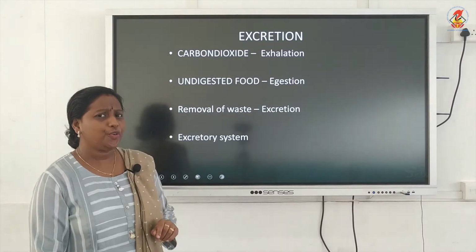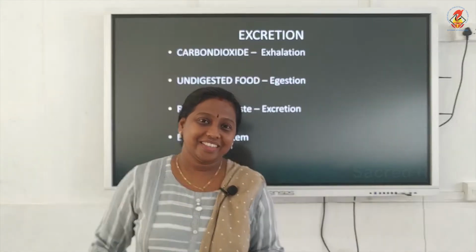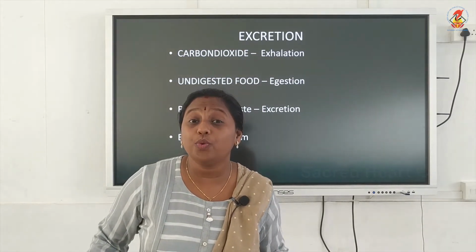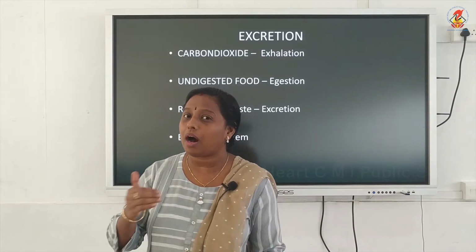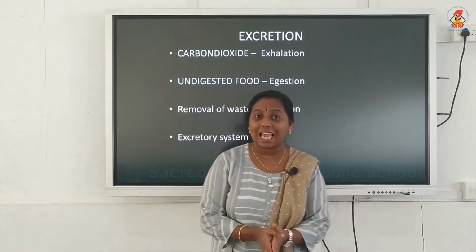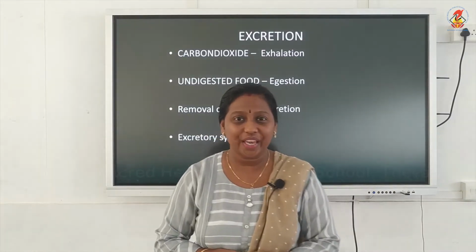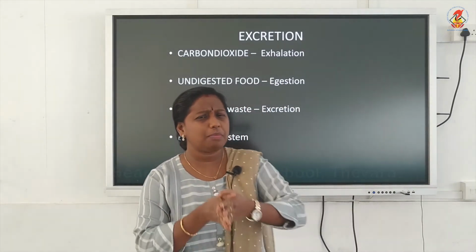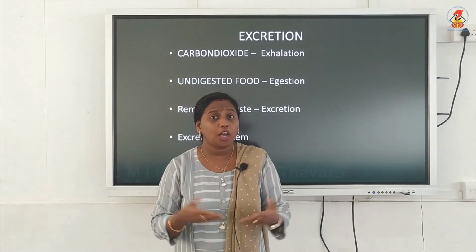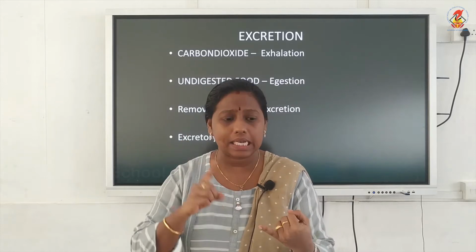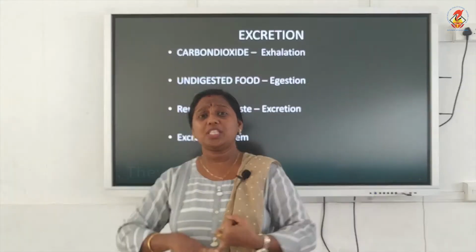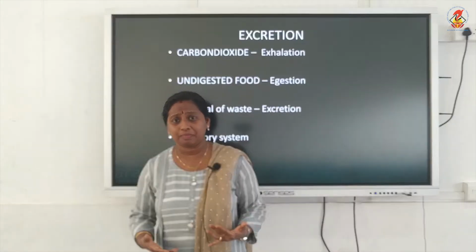Now children, what do you mean by excretion? The process of removal of unwanted substances or waste materials from our body is called excretion. Now, what are these unwanted materials in our body? There are a lot of unwanted materials. One such unwanted material is carbon dioxide, which is produced after respiration.